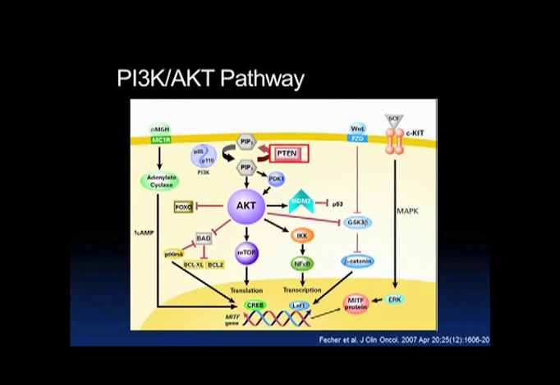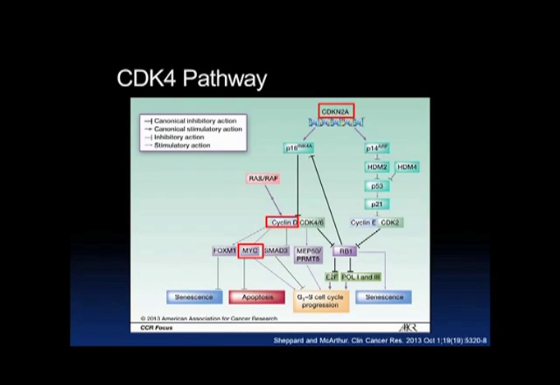Now, aside from that, one other frequently mutated gene is PTEN, and PTEN is involved in the PI3 kinase pathway. Here you again can see the MAP kinase pathway that I just illustrated. And this also leads to similar results, evading apoptosis and prolonged cell survival.